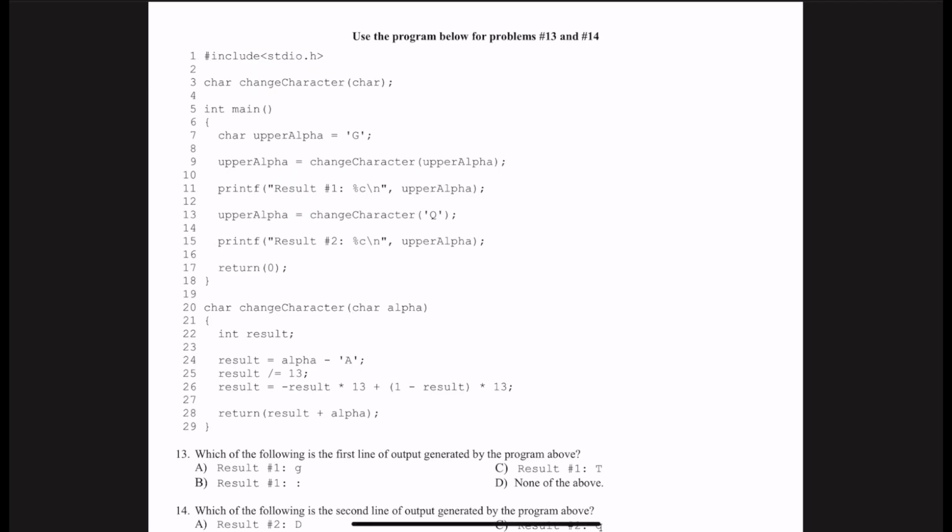All right, question 13. Which of the following is the first line of output generated? So we're looking at upper alpha at line 11. So for now, we don't care about what's down here. So upper alpha equals g, then we're going to pass it as a parameter to this change character function.